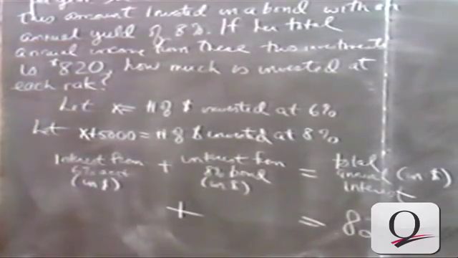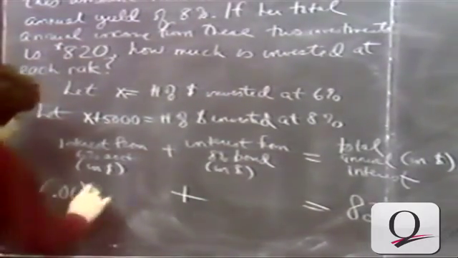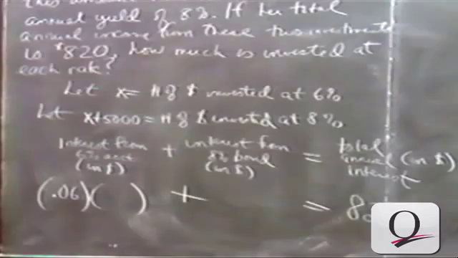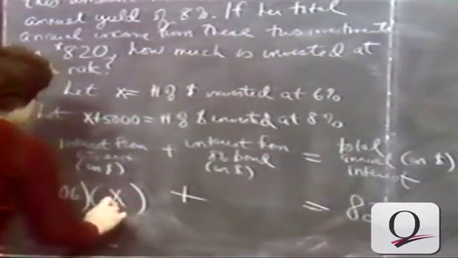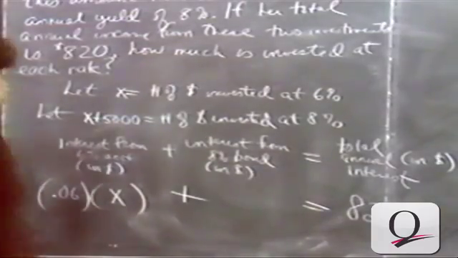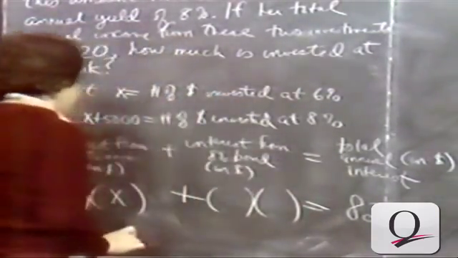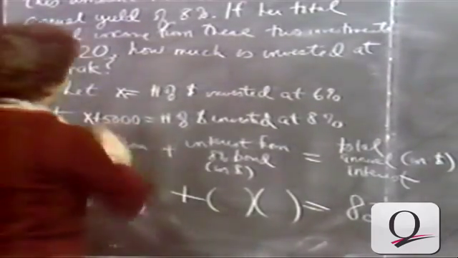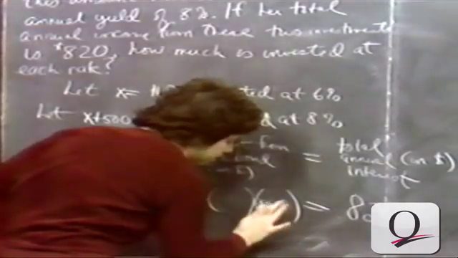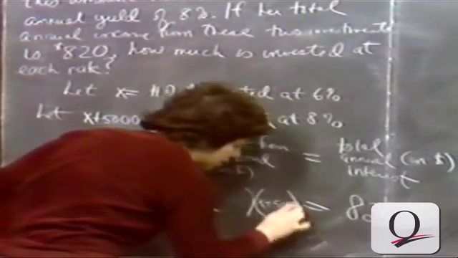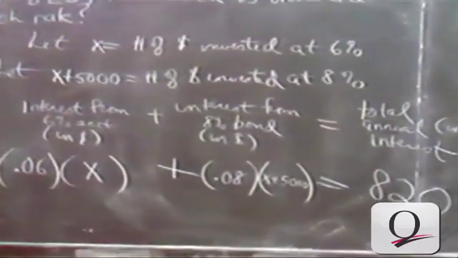The interest from the 6% account would be 6% of the amount invested in that account, and the amount invested at 6% is X dollars. The interest from the 8% bond is the amount invested at 8%, which is X plus 5,000, times the interest that the bond is paying.